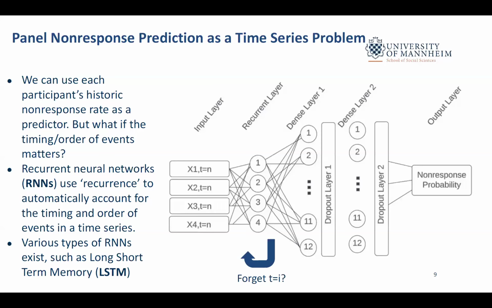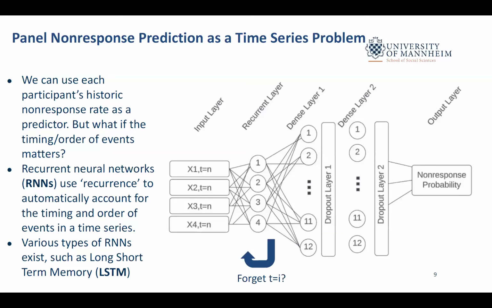The essential idea as to why time would matter is, let's just say that somebody exhibits some behaviors that are associated with non-response, but they exhibited it in the distant past, 10 waves ago. And since then, their behavior has changed. What is their risk of non-response relative to somebody who had a different behavior pattern or has exhibited riskier behavior, but recently?